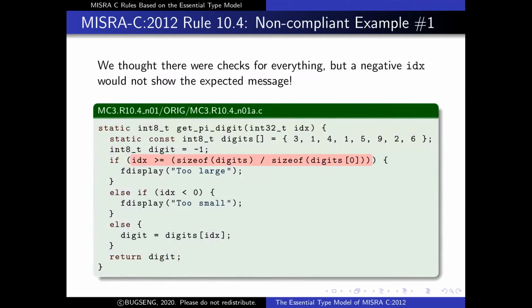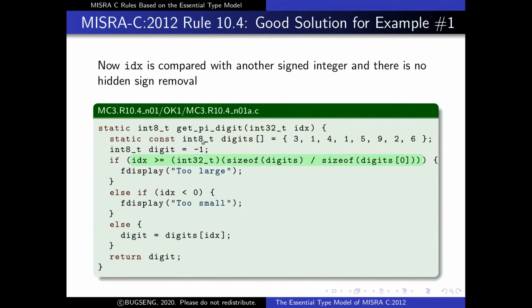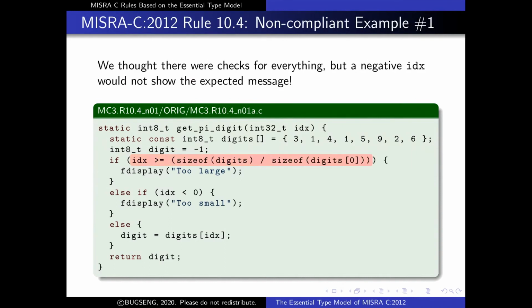Here is an example very similar to the hidden enemy example. It's a comparison where we compare a signed integer, 32 bits, to an unsigned, because sizeof is unsigned, and the division of the two unsigned is unsigned. As you have learned from the hidden enemy example, what will happen is that the signed is converted to the unsigned, and this may give rise to very wrong results that are not what the programmer expected.